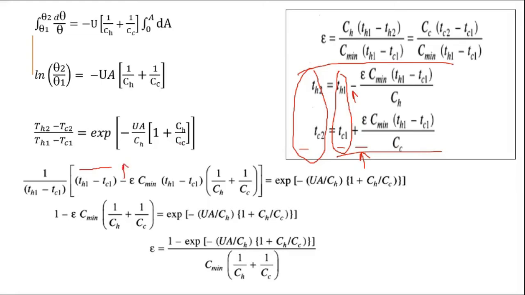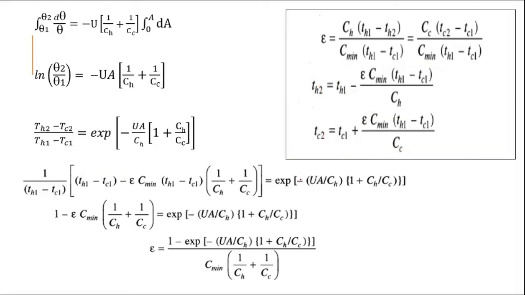The term epsilon C min (Th1 minus Tc1) is common in both the terms. So we have taken that also outside. Epsilon C min (Th1 minus Tc1). Inside the bracket what we have, 1 by Ch with a positive sign because minus was already taken outside, and 1 by Cc with a positive sign. So inside the bracket we are writing 1 by Ch plus 1 by Cc. Any doubt in this part now?